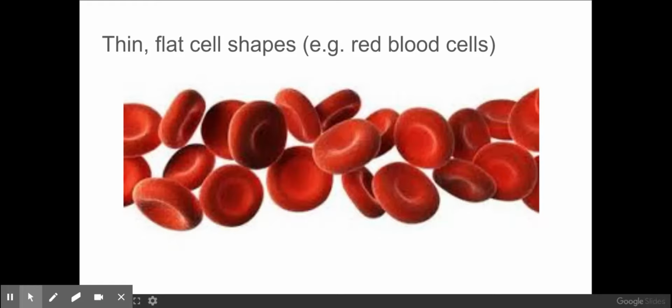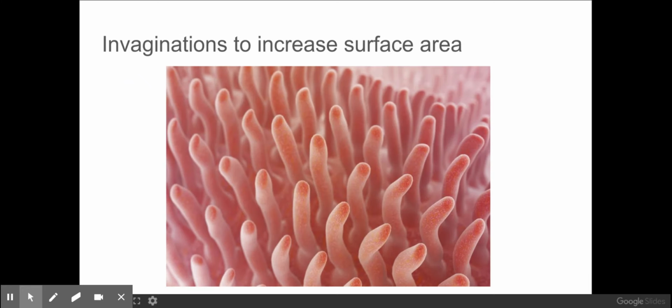If you think about red blood cells, not being just a perfect square or circle, but having that thin shape is going to increase your surface area to volume ratio. And another one is to have invaginations, those folds. This is an example of what villi would look like. That's going to increase surface area as well.